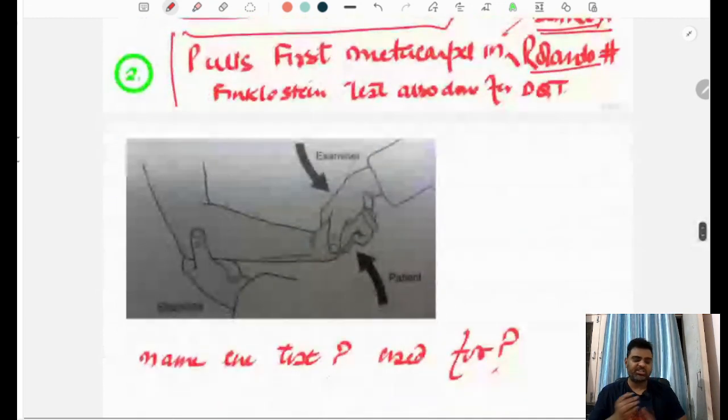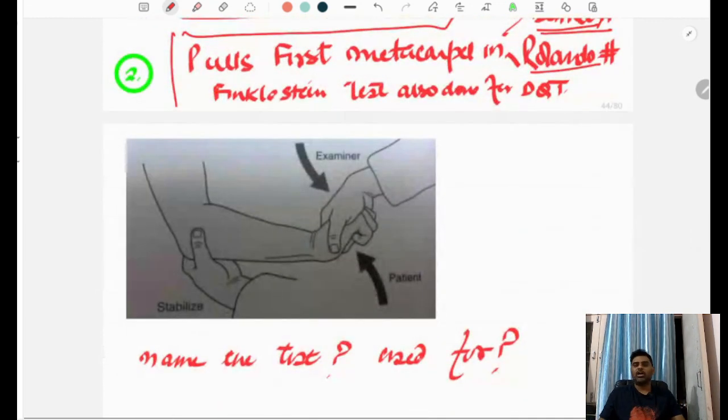Now, what is this test that is shown? I can give you a hint that this test is done in cases of lateral epicondylitis or tennis elbow, which happens in people who play tennis a lot. What happens?